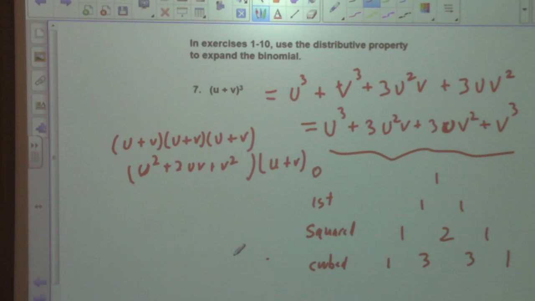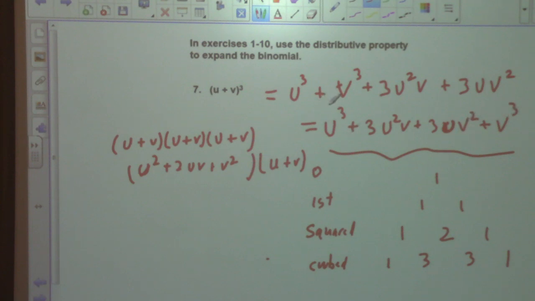We have the 1, 3, 3, 1 pattern here, and do you notice the powers of u are decreasing? U to the third, u squared, u to the first, and this last one is invisible, but it's u to the 0 power. Then from the left, you have v to the 0, v to the first, v squared, v cubed.